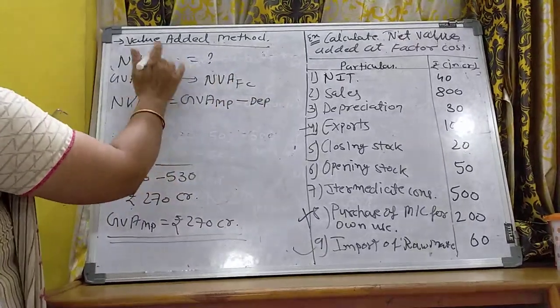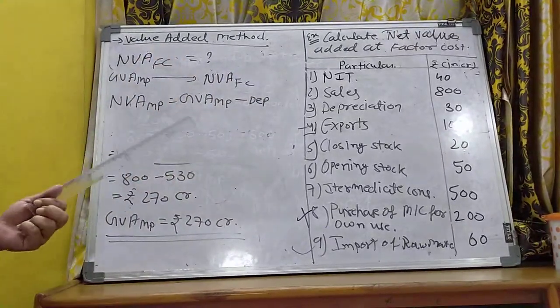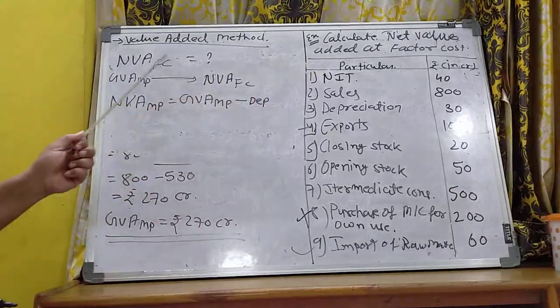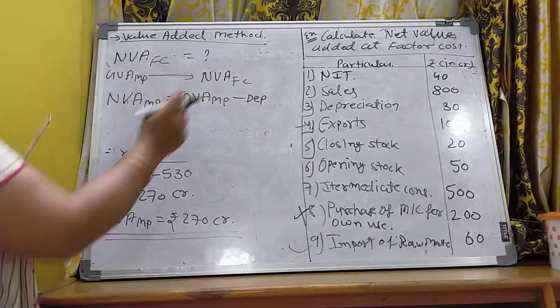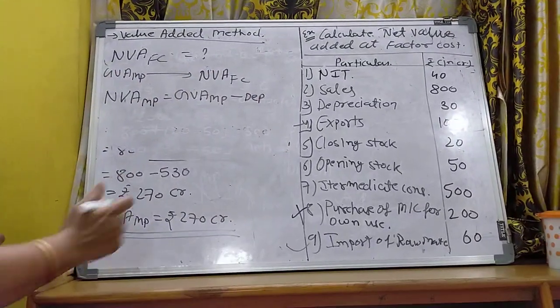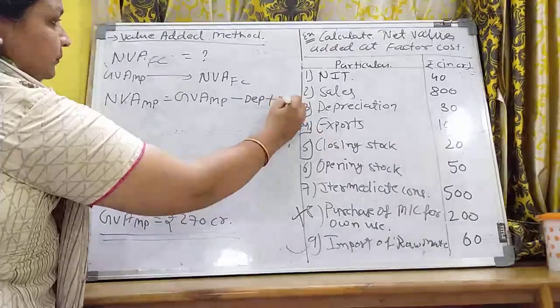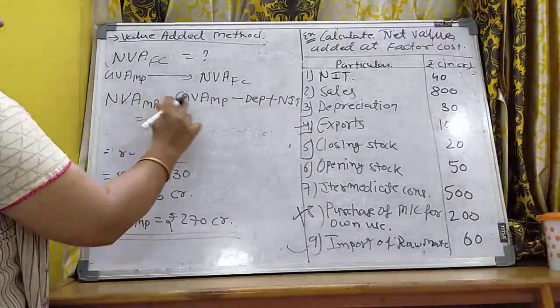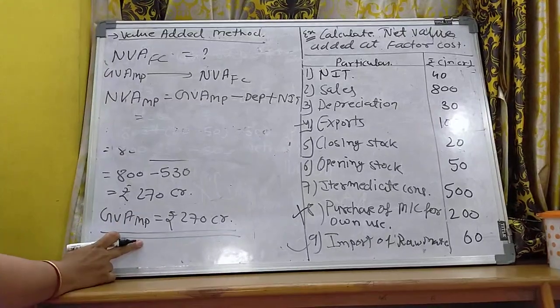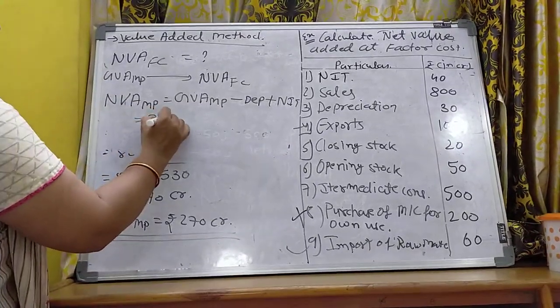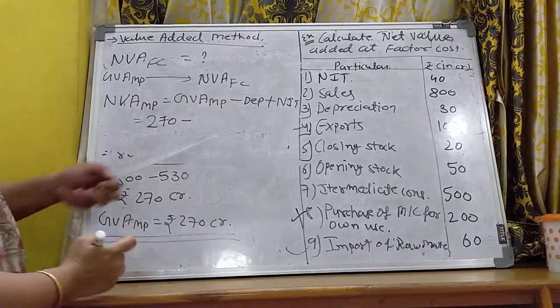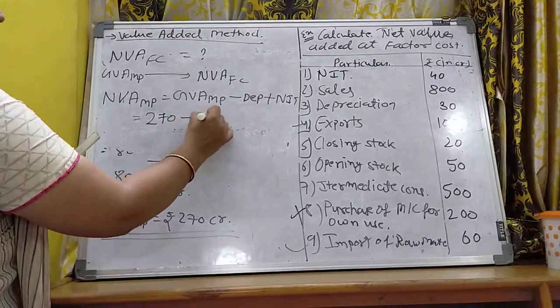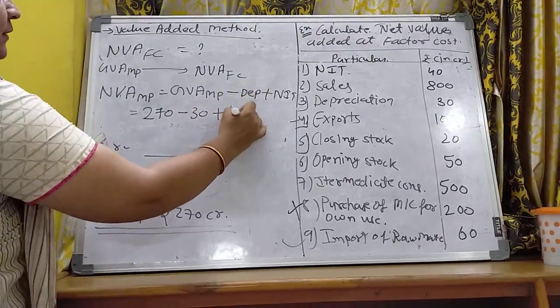Next, from market price to factor cost, it means plus NIT. Clear? So GVA MP we already found is 270. So 270 minus depreciation, directly given, 30, and plus NIT, it means 40.